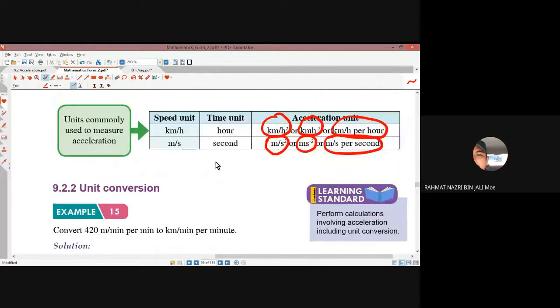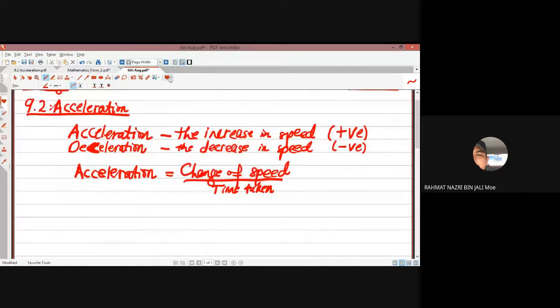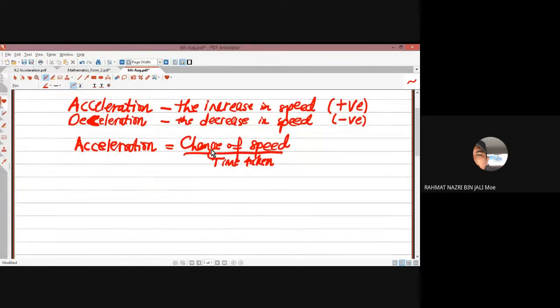Okay, this is, let me add on the notes in your notebook. So we have 2 units.